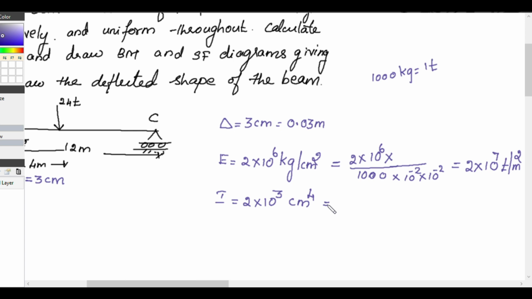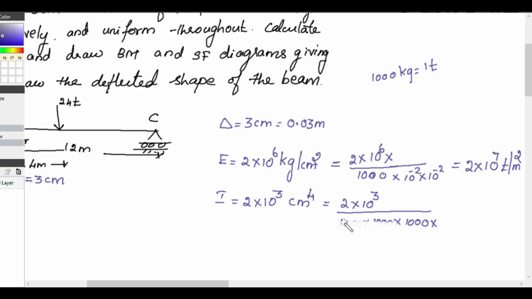Now converting I, 2 into 10 cube centimeter power 4 to meter power 4.